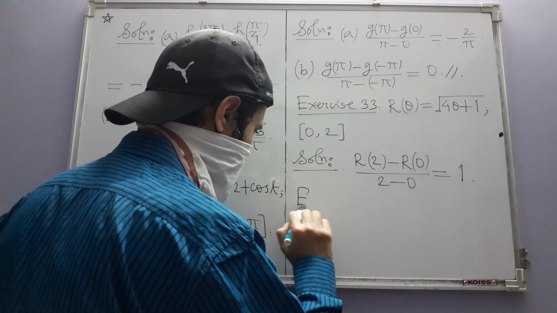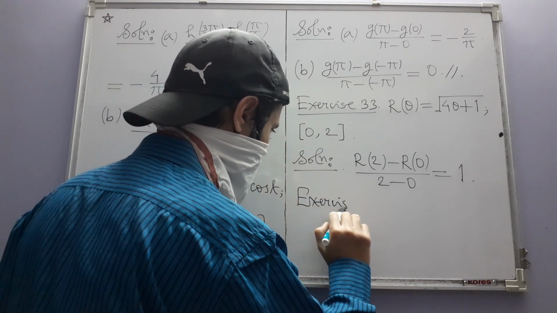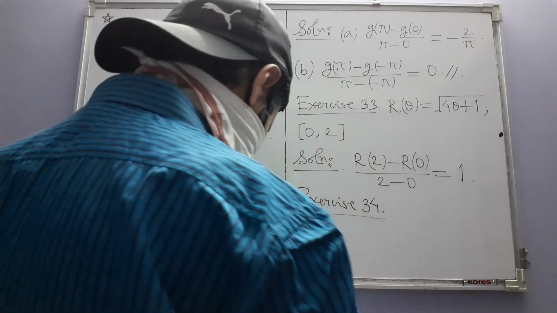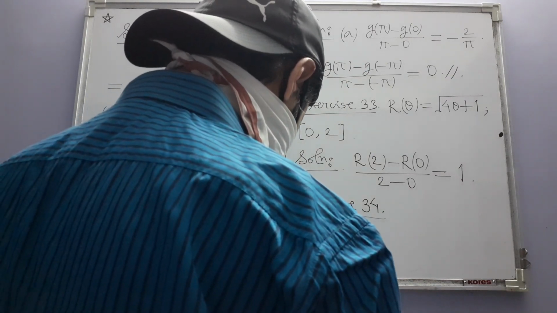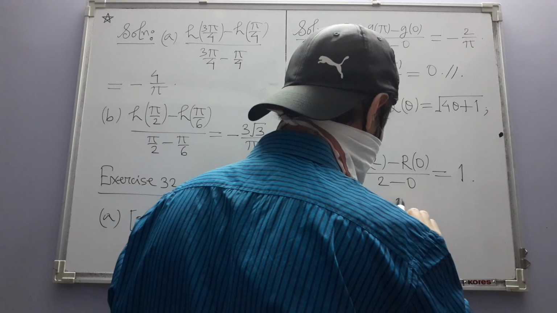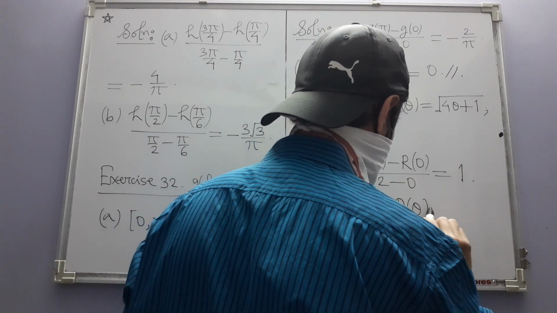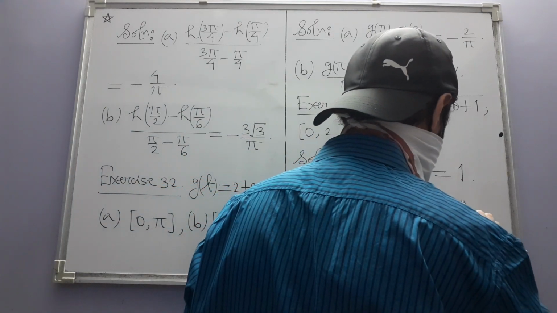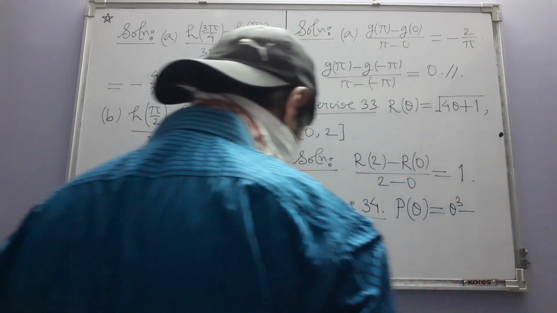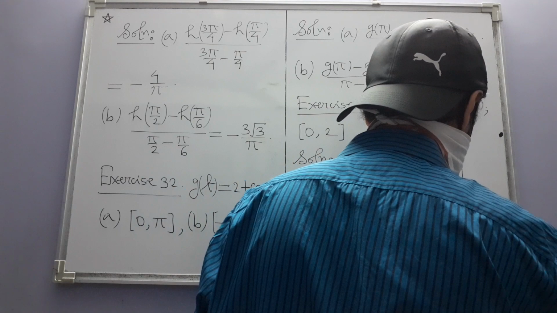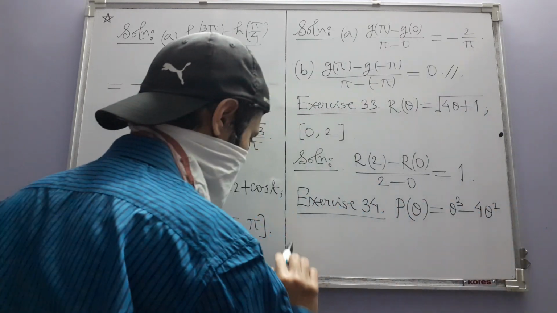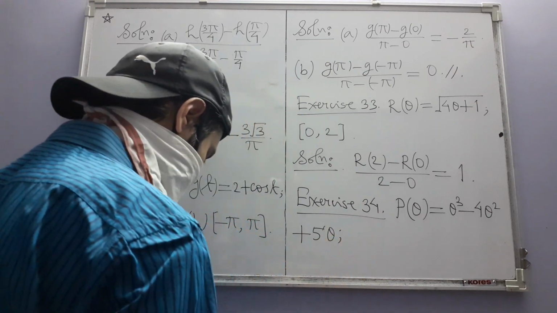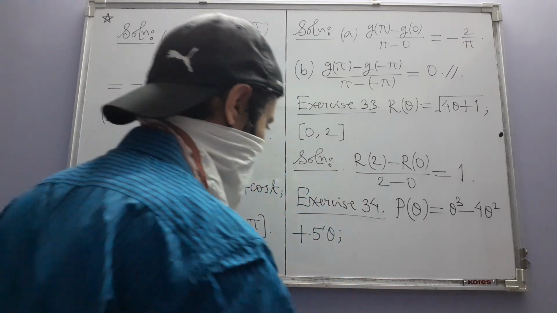And finally, the 34th one. P of theta is theta cubed, it's a polynomial in theta, minus 4 theta squared plus 5 theta. And here also only one interval is given.